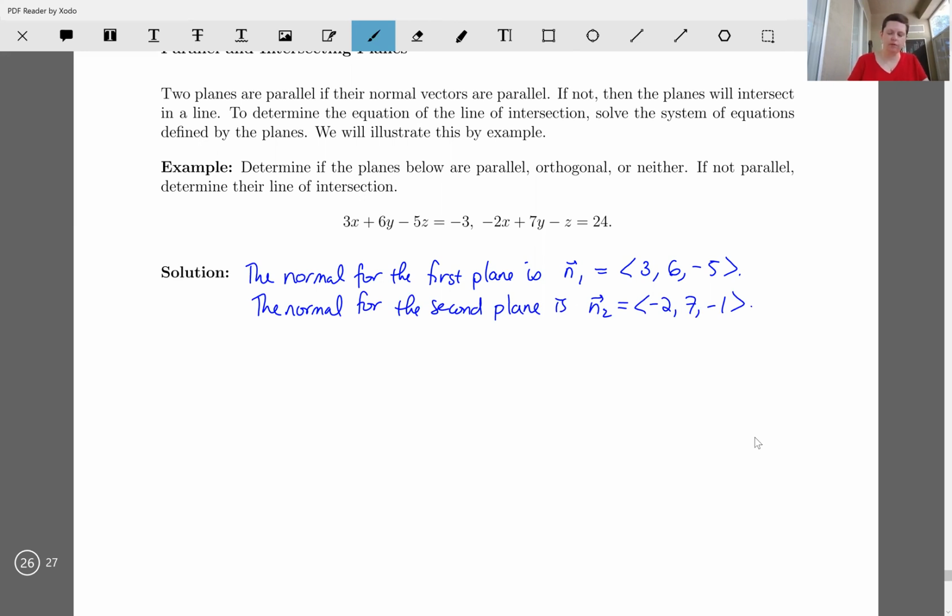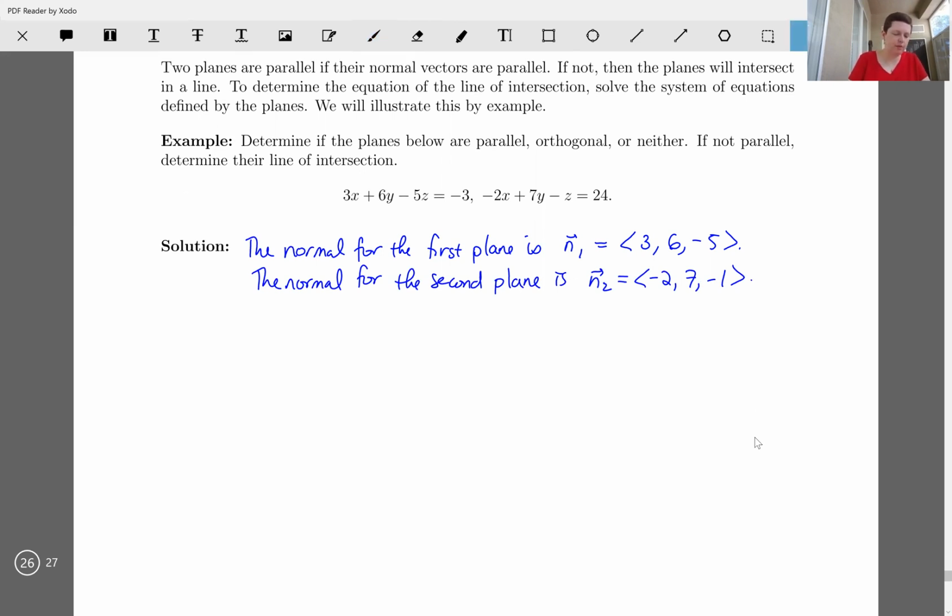Okay, first of all, we see that n1 is not a scalar multiple of n2. Why do we know that? And it's not because I wrote the example down ahead of time and I have the answer, by the way.